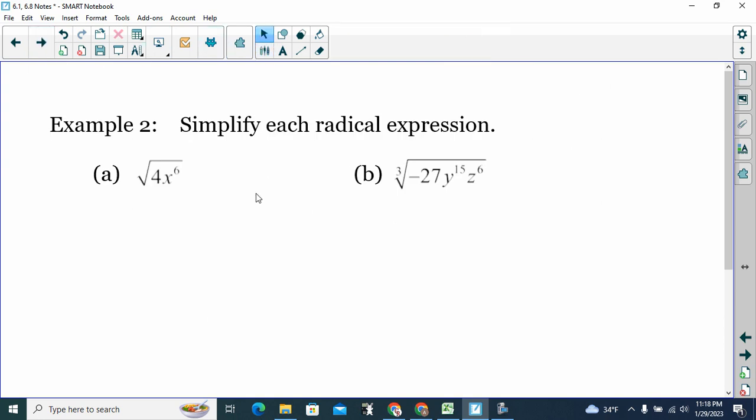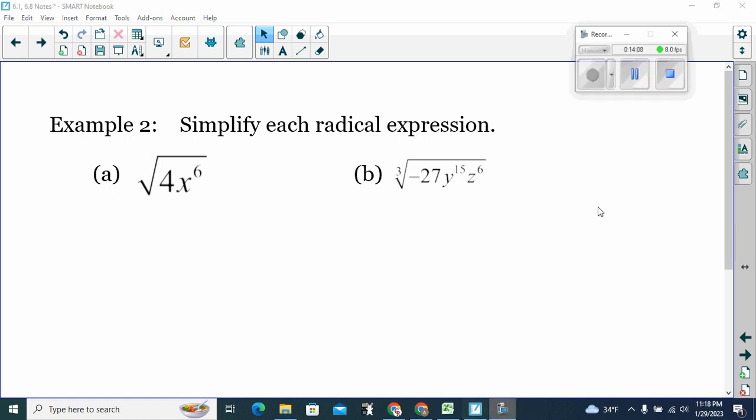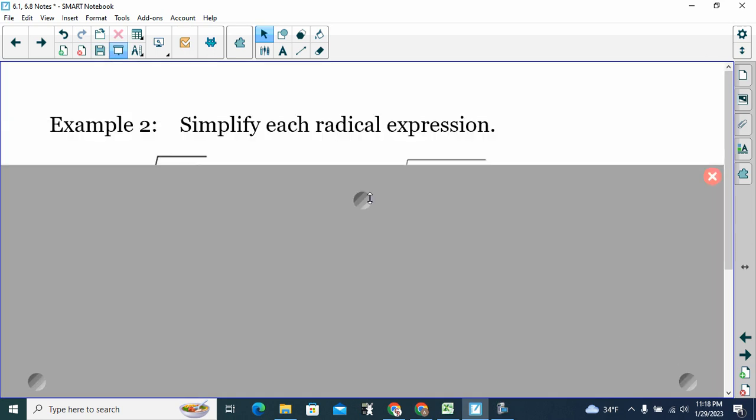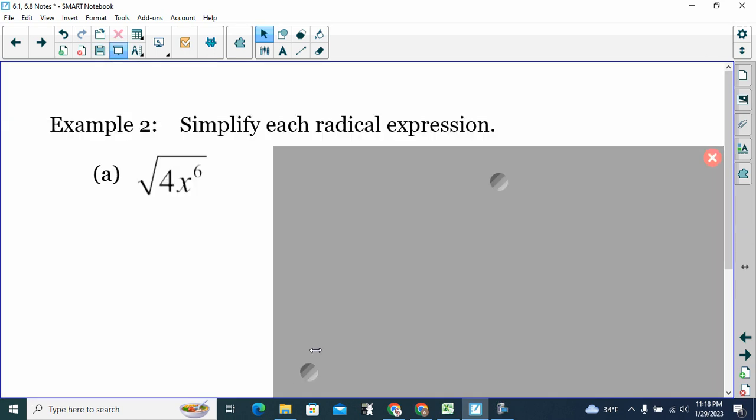Example 2, let's simplify some radical expressions. In part A, we're given the square root of 4x to the 6th.